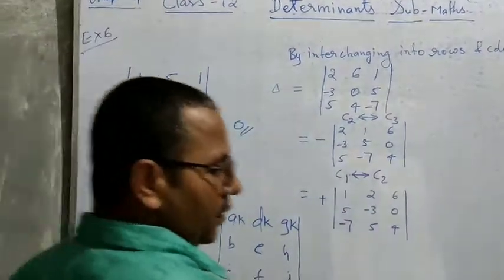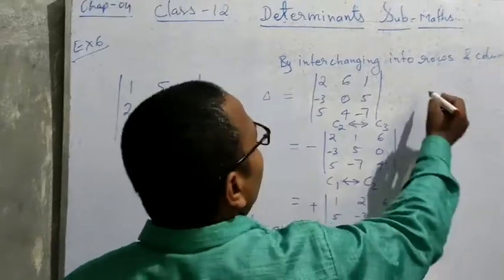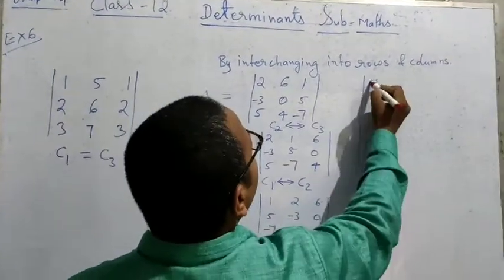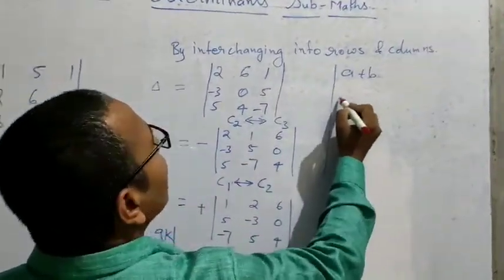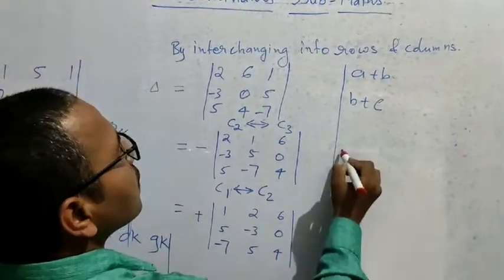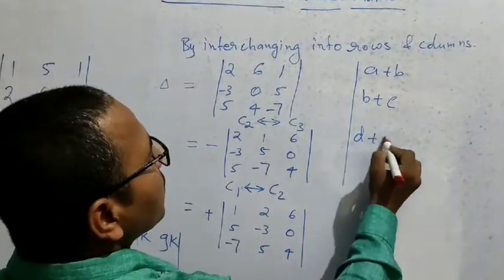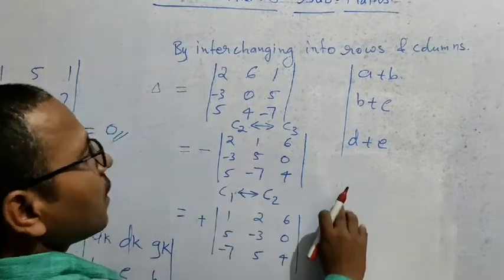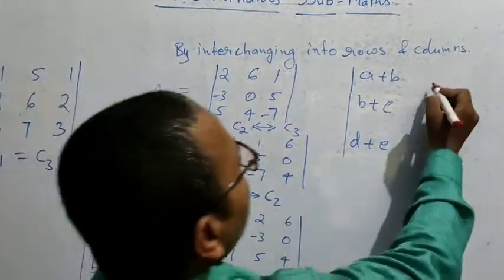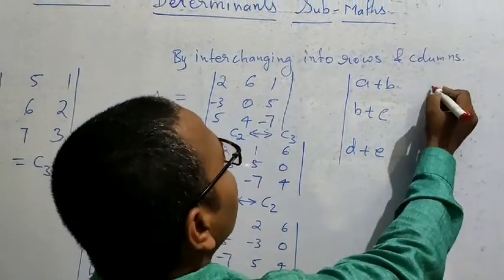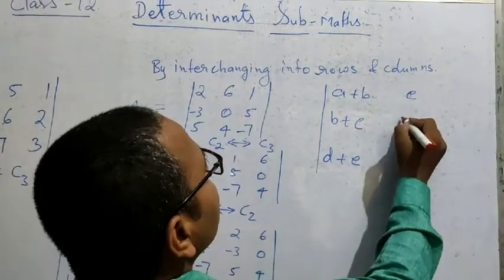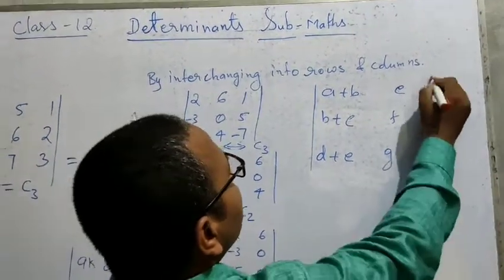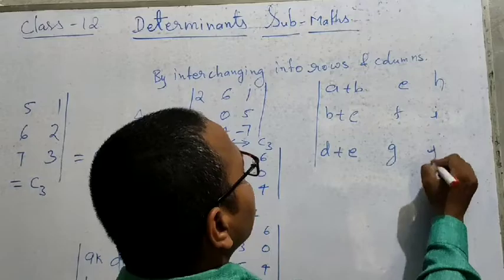For example, we take A plus B, B plus C and D plus E. We have taken this example, and here again we take E, F, G, H, I, J.